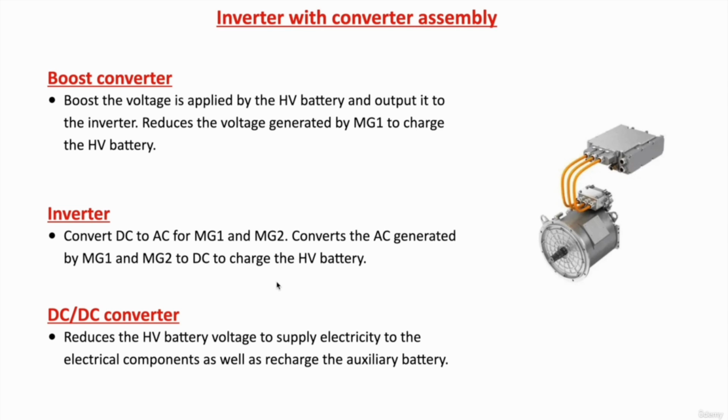So it provides electricity to various audio systems and instruments, like wipers, headlights, your instrument cluster, your dashboard, everything that requires power. So it helps to supply electricity to electrical components as well as charge the auxiliary battery.